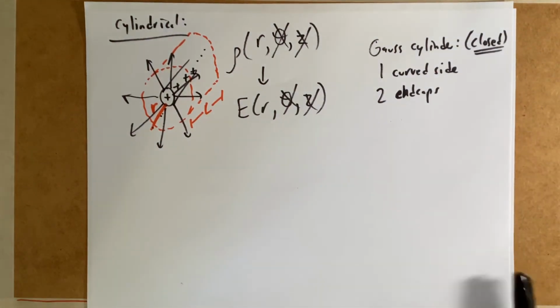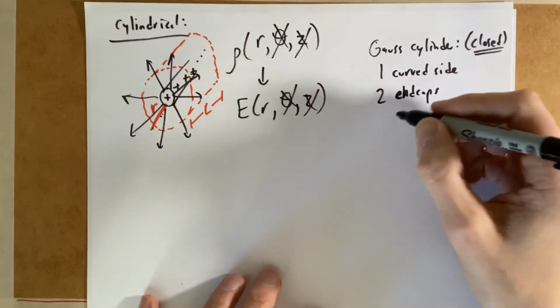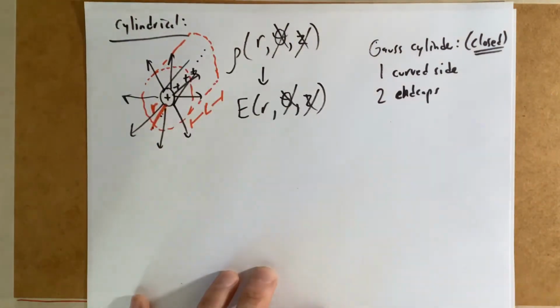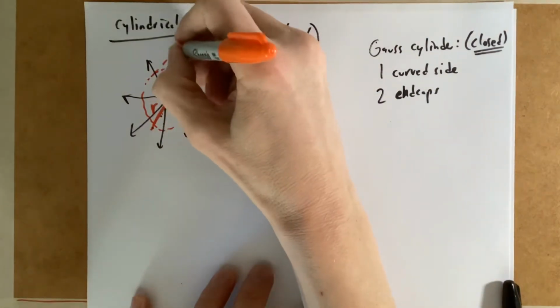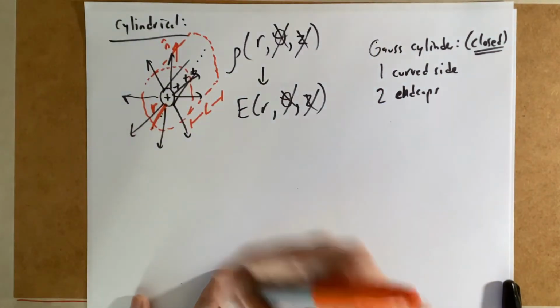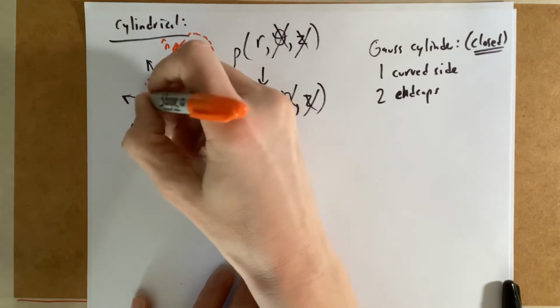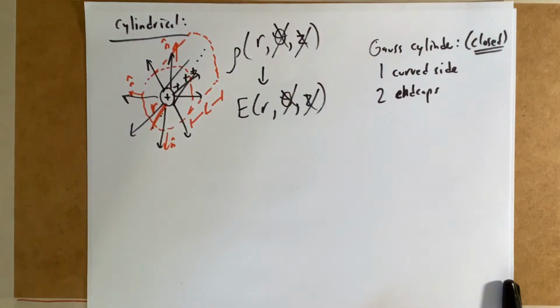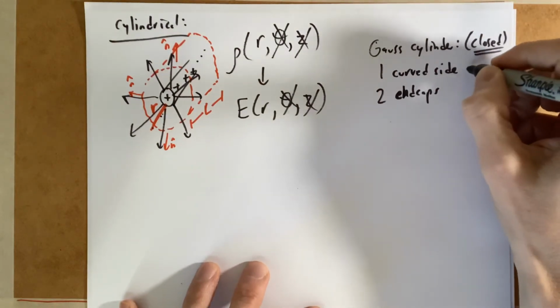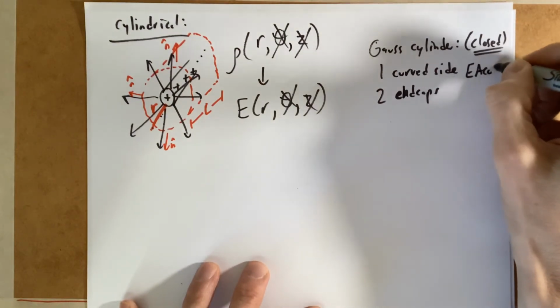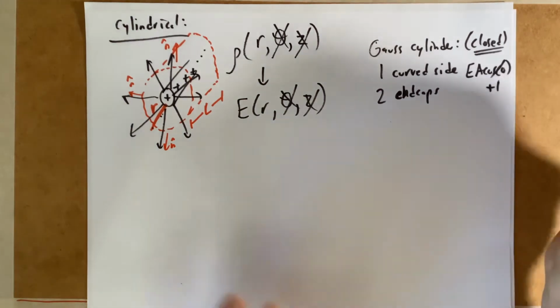So what does this look like? Well, the purpose of choosing the curved side is that the normals on the curved side are going to point exactly in the same direction as the field. So for the curved side, this is going to be EA cosine of 0, so that's +1.